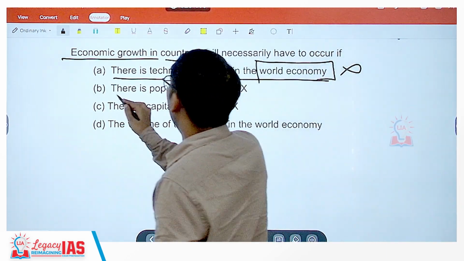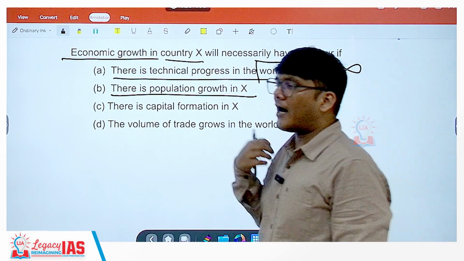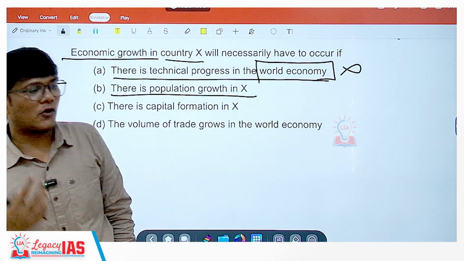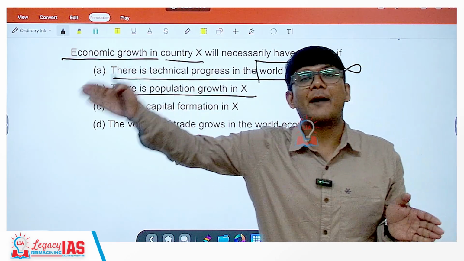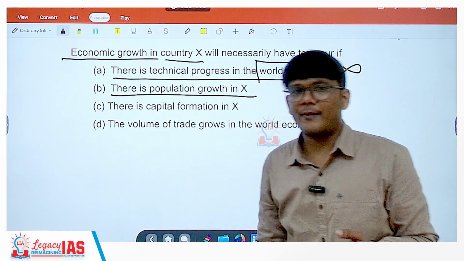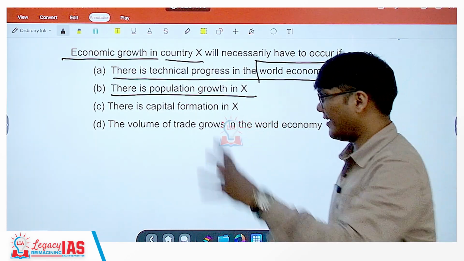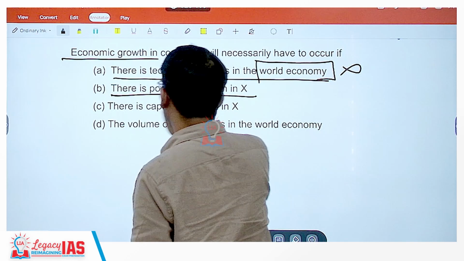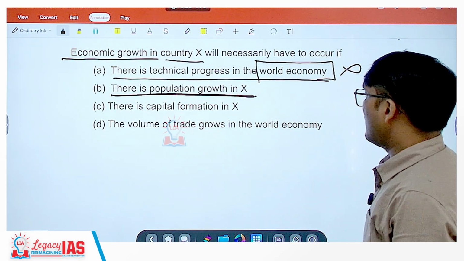Second, there is population growth in country X. Now population growth alone in country X cannot lead to economic growth. That population needs to be converted into human capital. How does the population get converted into human capital? By education, skill development and proper health. So just an increase in population growth need not necessarily mean economic growth. Correct?